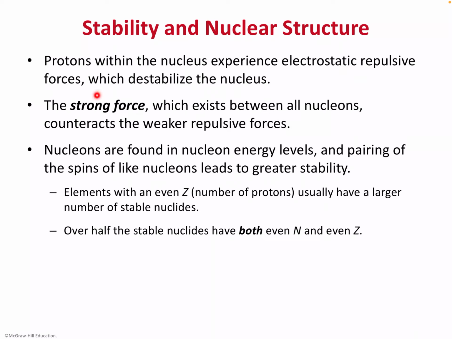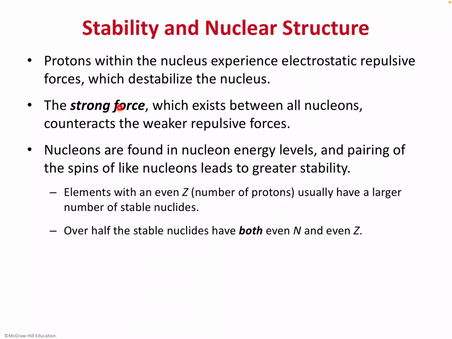But then how are they going to be together inside the nucleus? There's another force called the strong force, which exists between all nucleons, and that counteracts the weaker repulsive forces between the like positive charges. This strong force that exists in all nucleons is 137 times stronger than the repulsive forces.